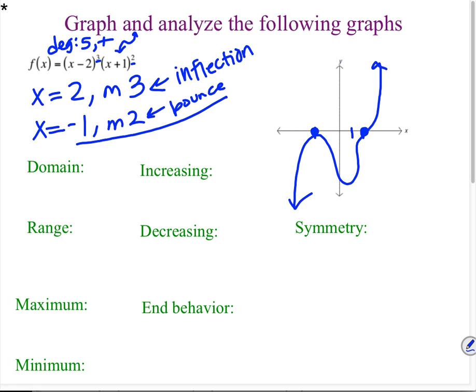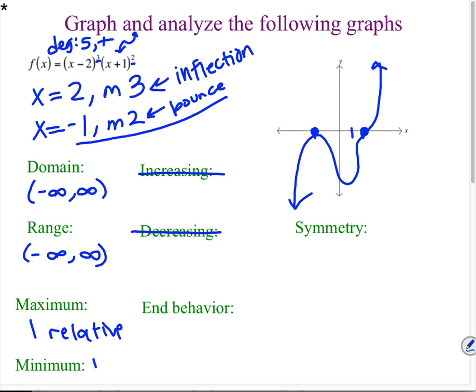Once again, on this one, you can say the domain and range: negative infinity to positive infinity, negative infinity to positive infinity. You do not need to list where it's increasing or decreasing. With maximums and minimums, same thing, just list one relative maximum, and there would be one relative minimum as well. Symmetry is going to be neither.